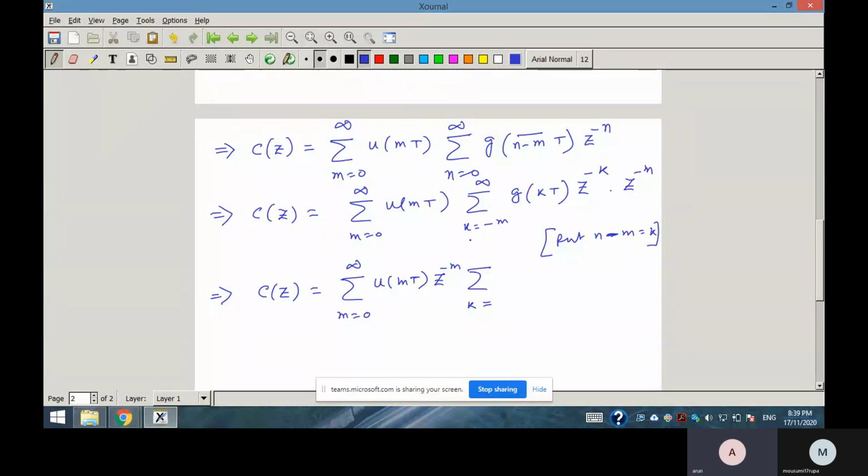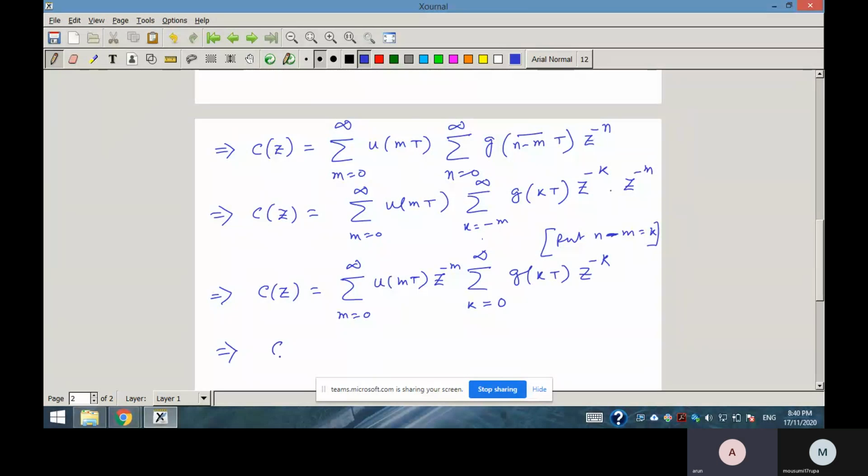So for k equal to minus m to 0, the output is 0, g(kT) equal to 0. So I need not consider the instants from k equal to minus m to just before 0. That means negative instants I need not consider. So k equal to 0 to infinity g of kT into z to the power minus k.